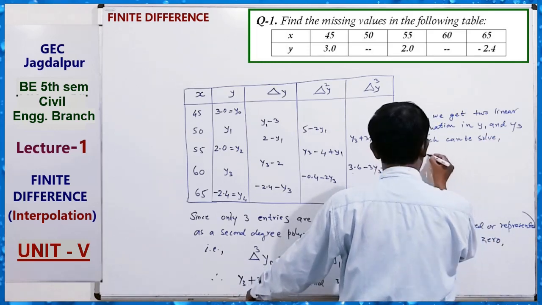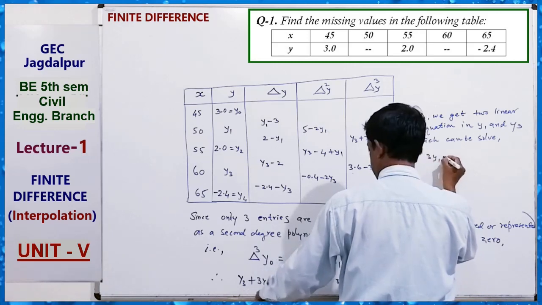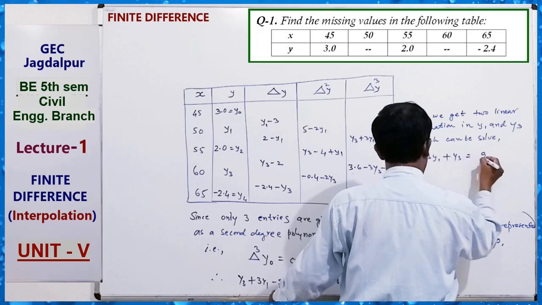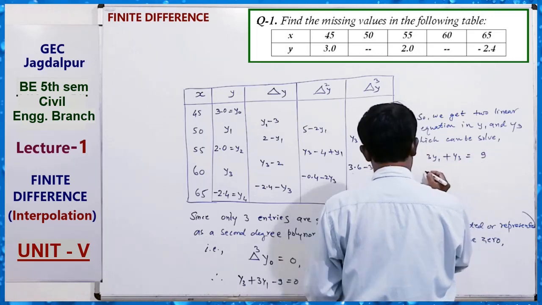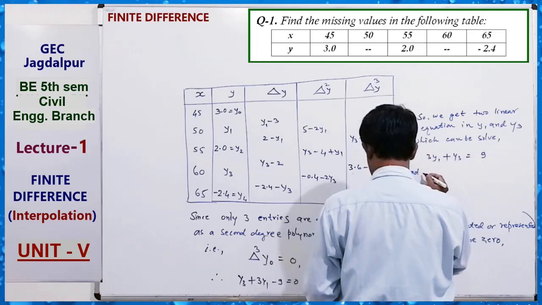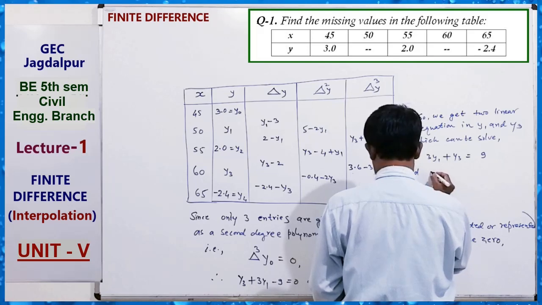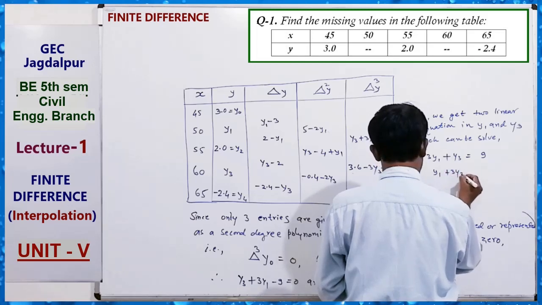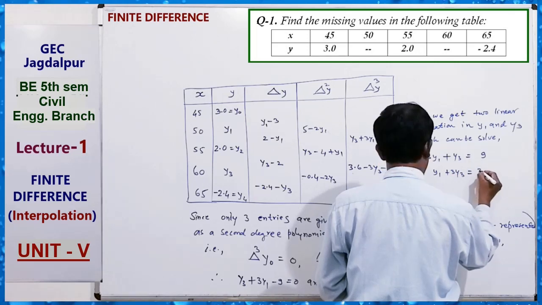Here 3y1 plus y3 equals 9, and y1 plus 3y3 equals 3.6.